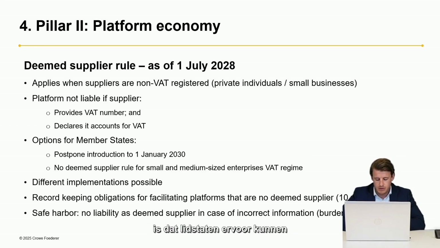And a second important change is that member states may choose to not make the platform a deemed supplier if the underlying supplier qualifies and opts for the small and medium-sized enterprise VAT regime. So for those platforms acting with these suppliers, the deemed supply rule is not applicable if the member state opts for it.